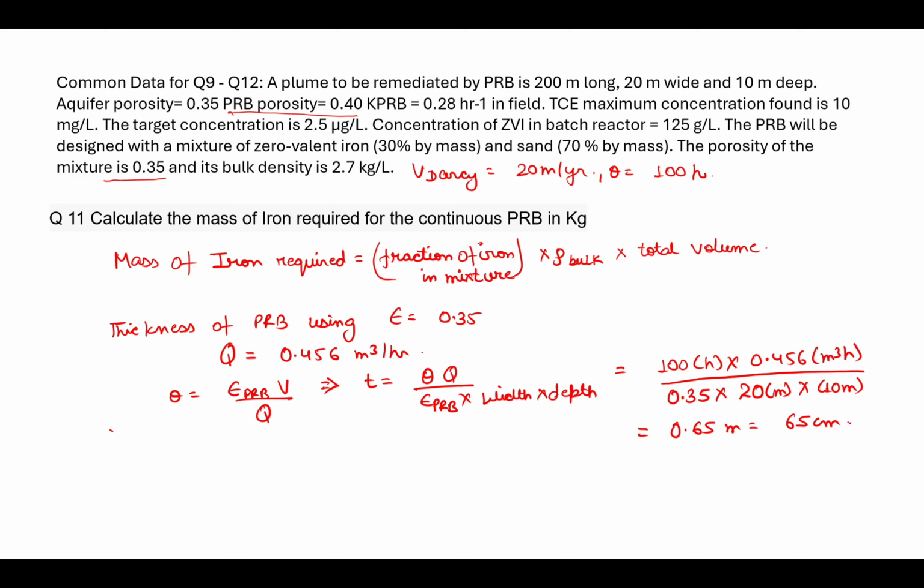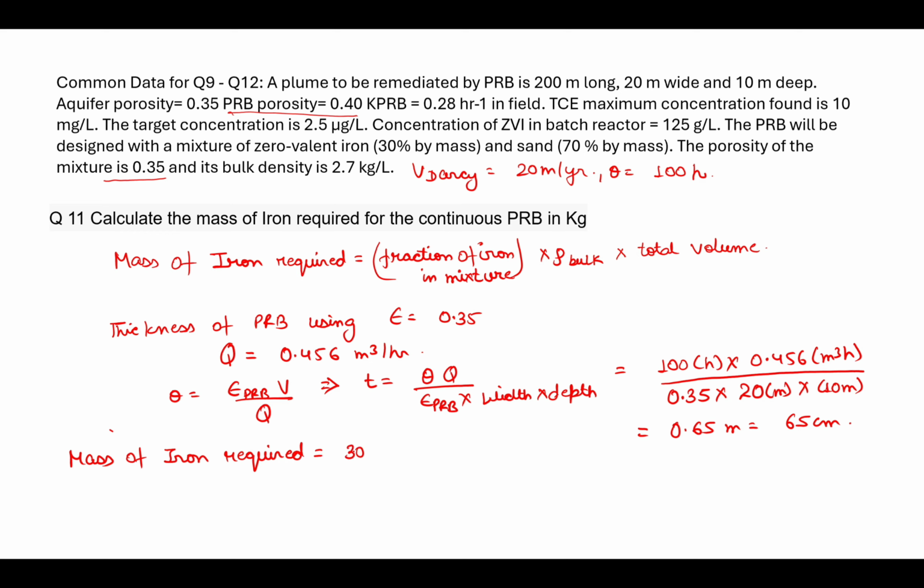Now we have to find out the mass of iron required for the continuous PRB. So mass of iron required will be the fraction of iron in the mixture, which is 30%.